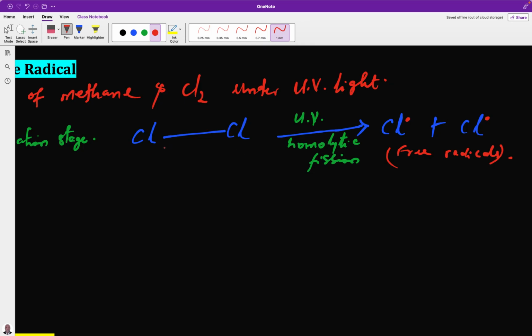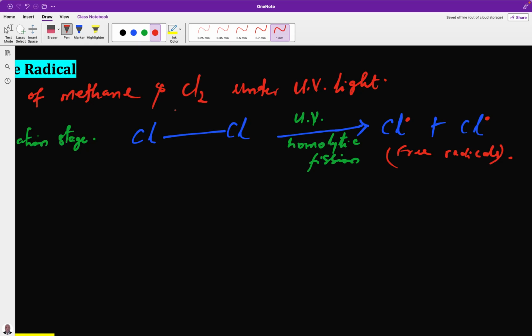What happens here is that you look at this molecule, the molecule is not polar. This chlorine atom and this one, they all have the same force. So nothing is pulling electrons from one end to the other, because they have the same electronegativity.